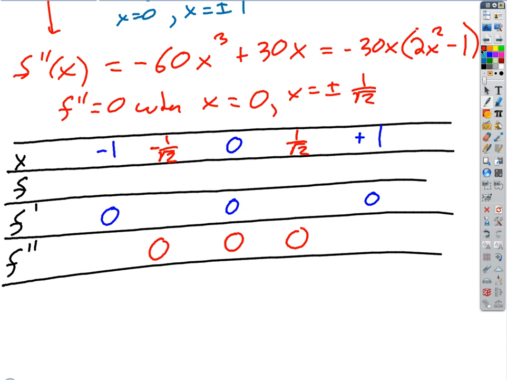So tell me this: the sign of f double prime of -1. There's our factored version of the second derivative. What are the signs of the factors going to be? When x is -1, we get positive times positive in this case, right? So we get positive right there. What does that tell you?